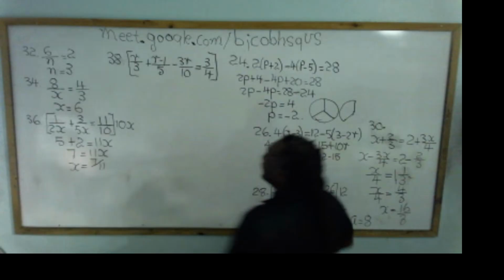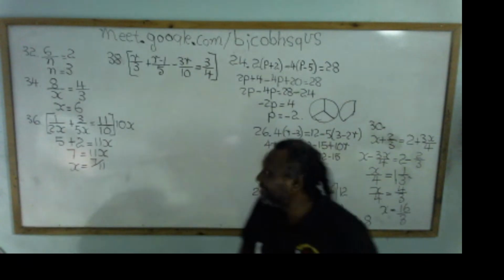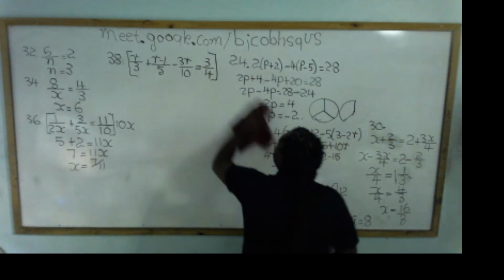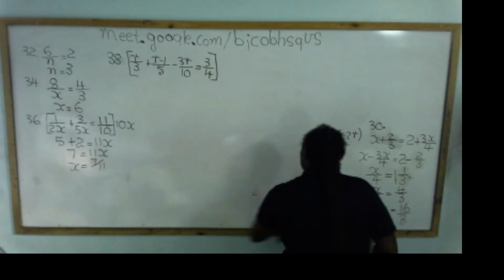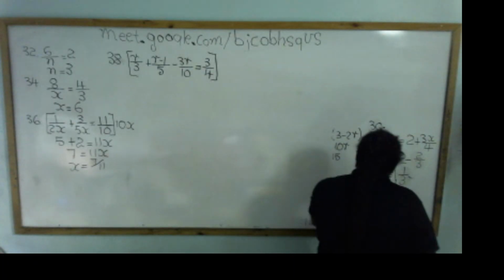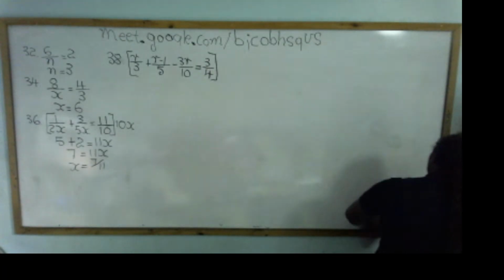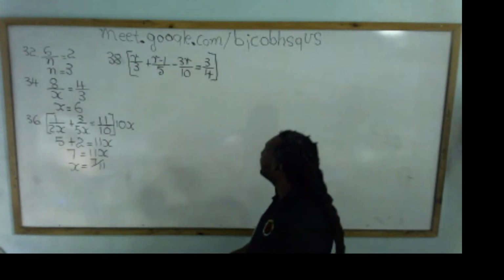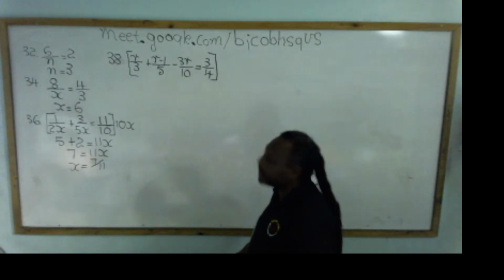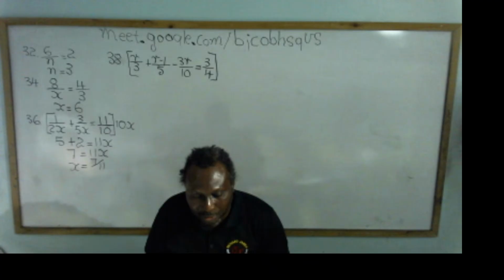Let me see if somebody will come up with the answer for me. What do we multiply by? Four. Because of the 4, 30 will not work. So the person who put the 60.